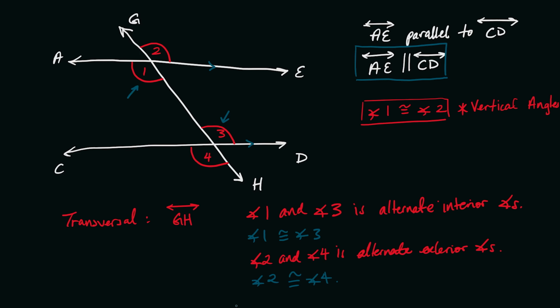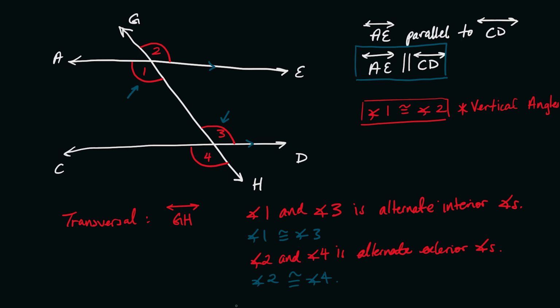And by looking at all of this, of course there's more angles that we can talk about, like supplementary angles. Because we can see that there are lines there and AE is 180 degrees. So that means that angle 1 and the other angle next to it would be supplementary.